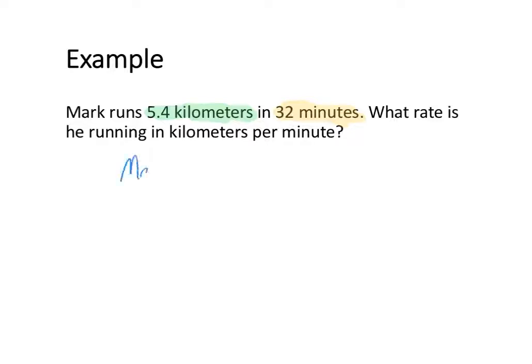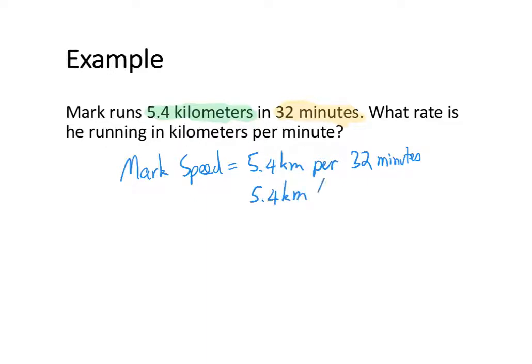So Mark's speed is equal to 5.4 kilometers per 32 minutes. Or another way of writing that is 5.4 km / 32 minutes.